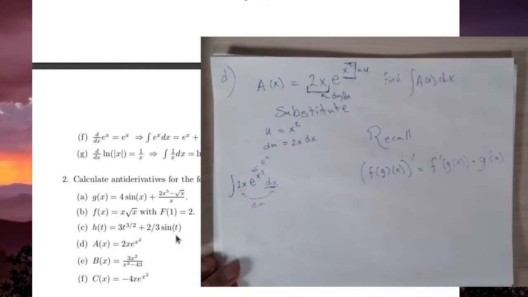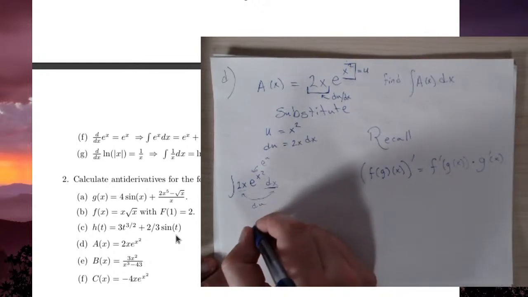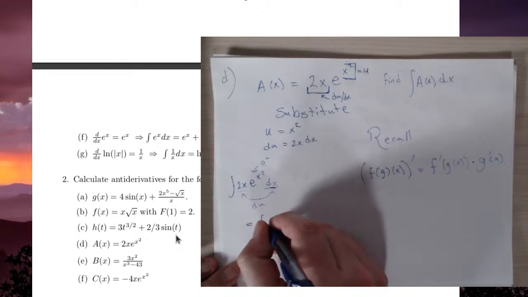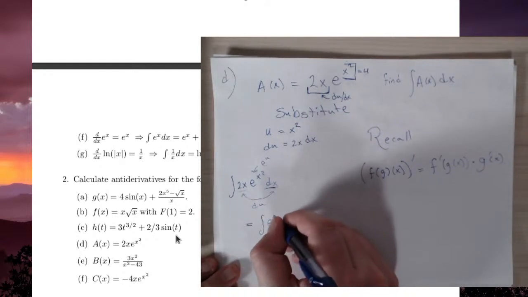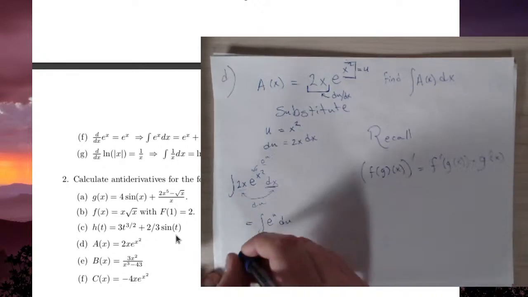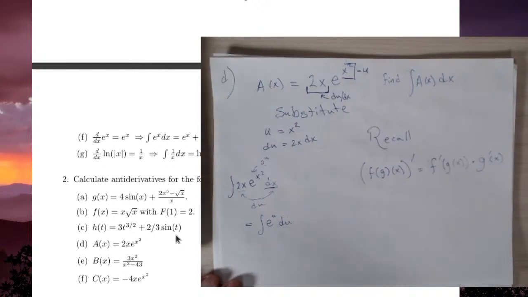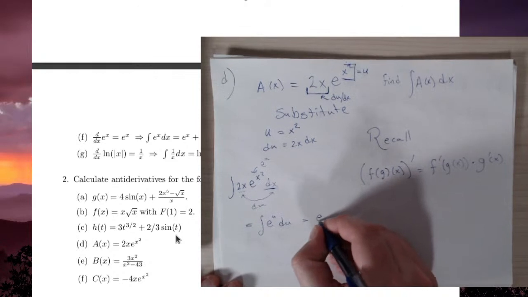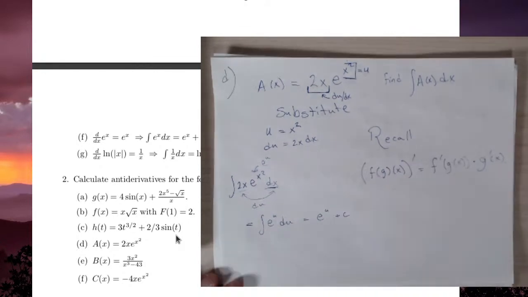So then this antiderivative becomes the antiderivative of e to the u du, which is about as easy an antiderivative as there is. I mean, e to the x is everyone's favorite antiderivative. It should be. If it's not, it will be soon. So that's just e to the u plus c, and now we just substitute back.